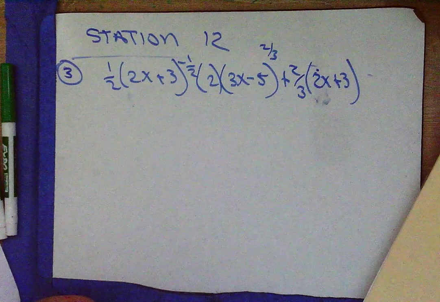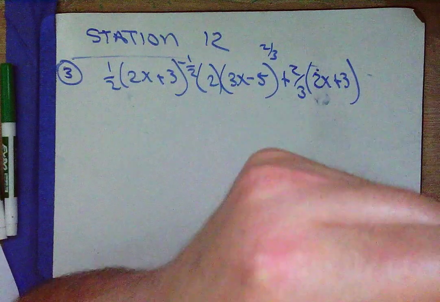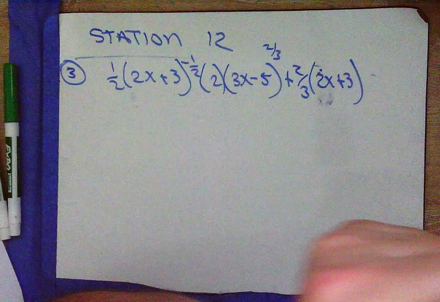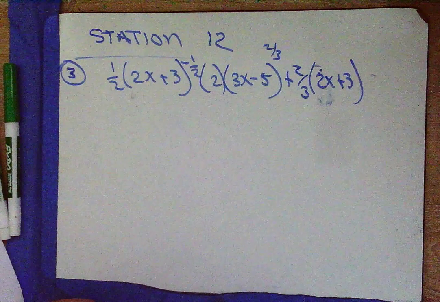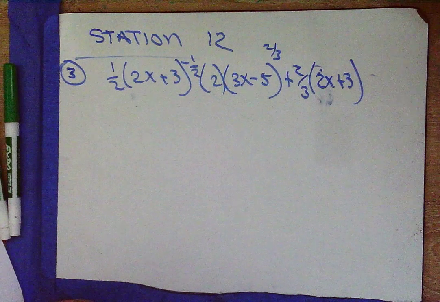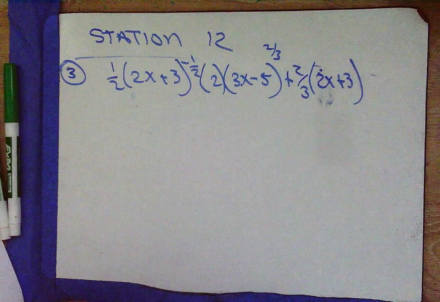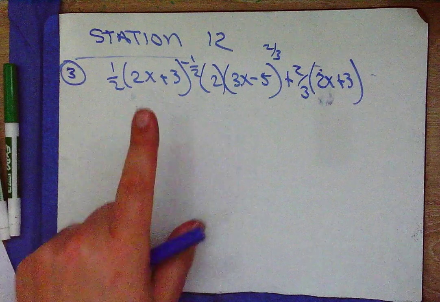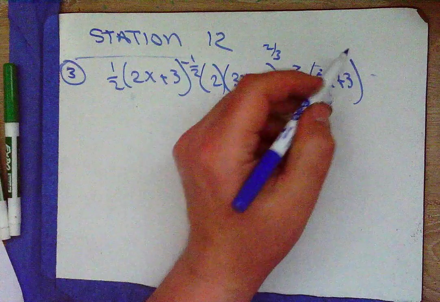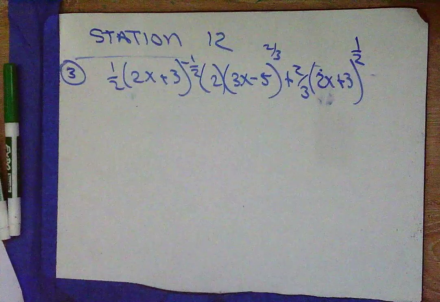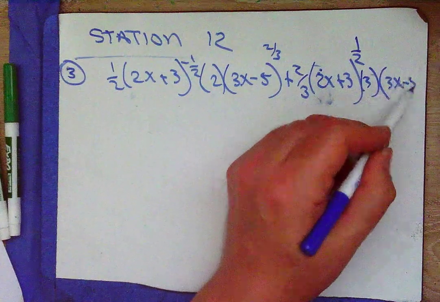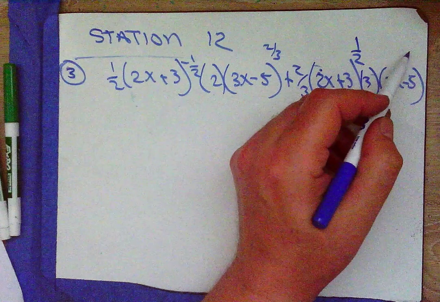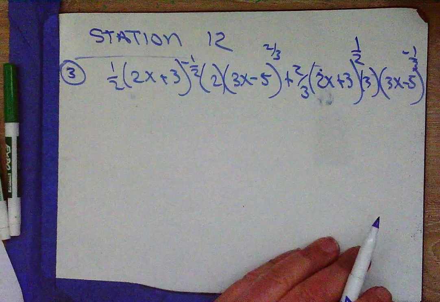Sorry, because I know the calculus, I'm wondering, is that really what it says? That's really what it says, 1/2. Is the first one minus 1/2? Oh, that's a minus 1/2. And so, yes, that should be a 1/2. My bad. Okay, and then I've got a 3 and a 3x minus 5 to the negative 1/3.